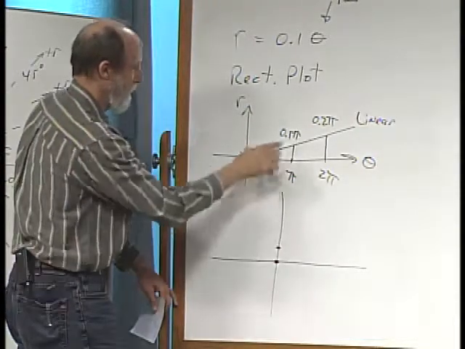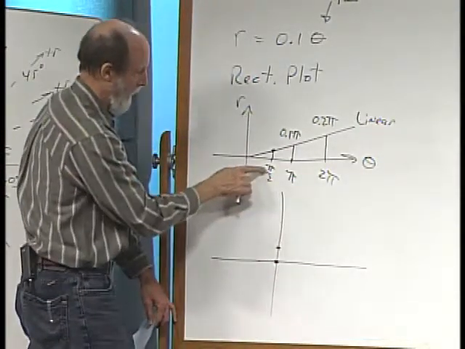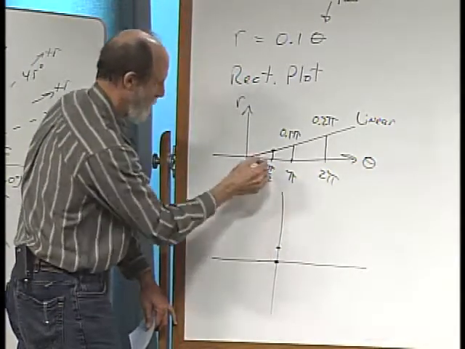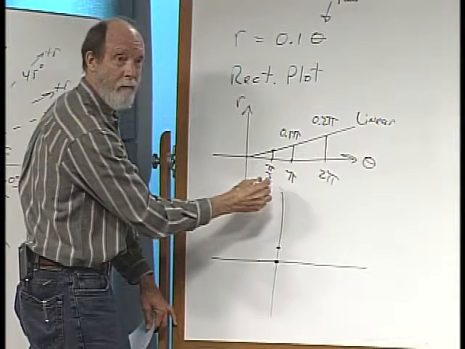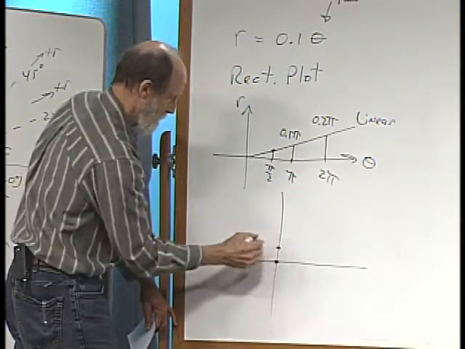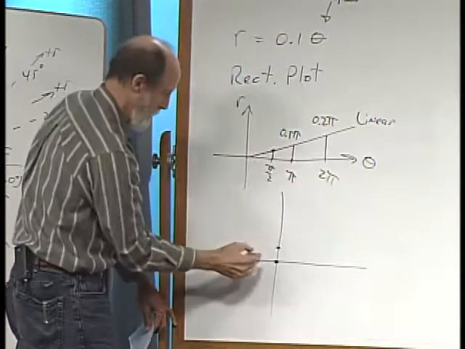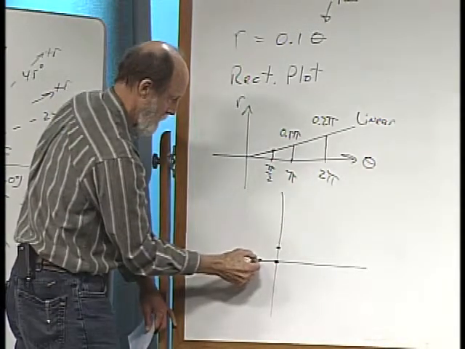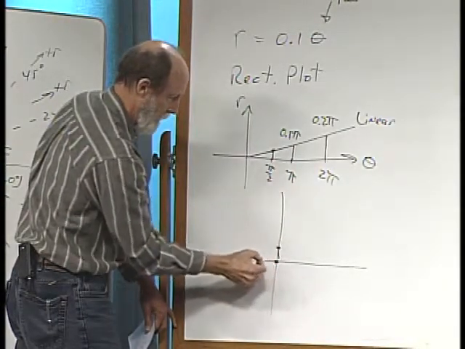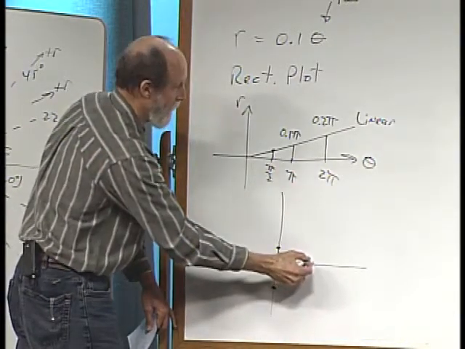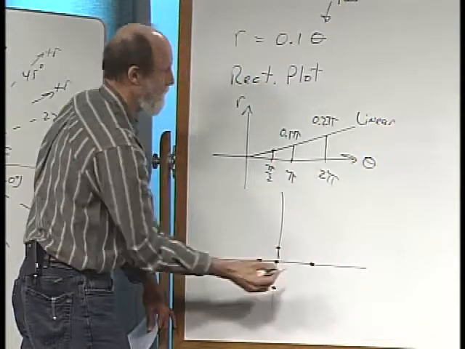It's not at 1/10 of pi. It's 1/10 of 1.57. It's about 0.157. And when you get to 180 degrees, it's going to be 1/10 of pi, double what it was here. And when you get to 270, larger. When you get to 360, right?